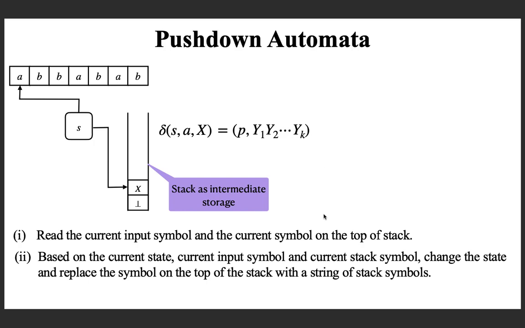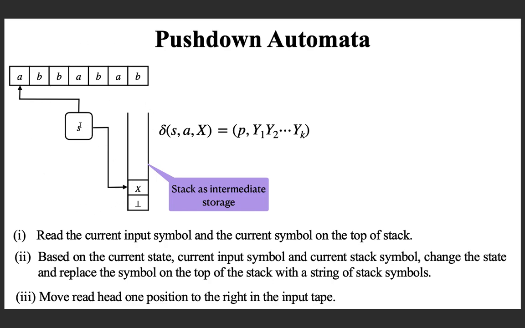In addition to this, as in the case of a finite state automaton, the read head needs to be positioned to the next symbol. So if you apply this transition on this state of the automaton, what will happen?